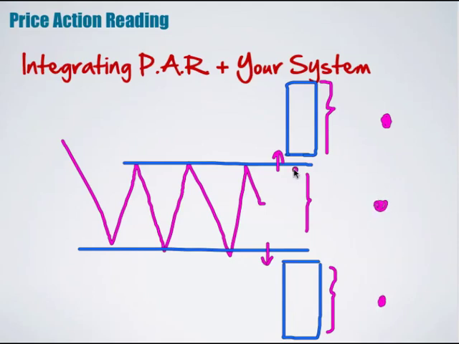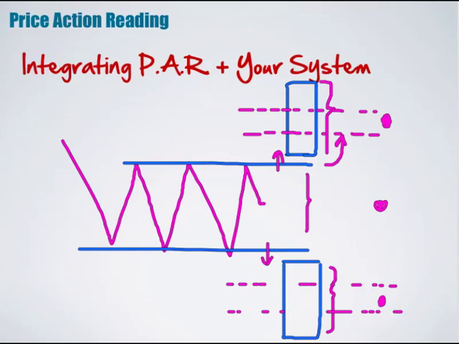And moreover, once price breaks free from this congestion area entrapped within these two levels of support and resistance, since there is no further level of resistance ahead of your entry point, or down here no further level of support ahead of your entry point, you will be able to stretch out your profit taking levels much farther out, and therefore you will be able to fish higher profits, more pips per individual trade.